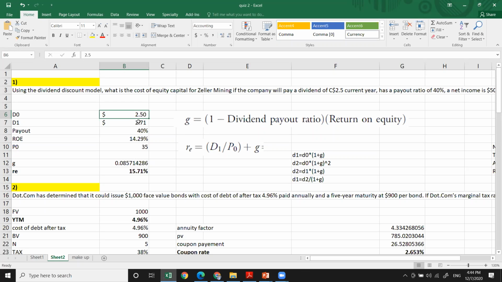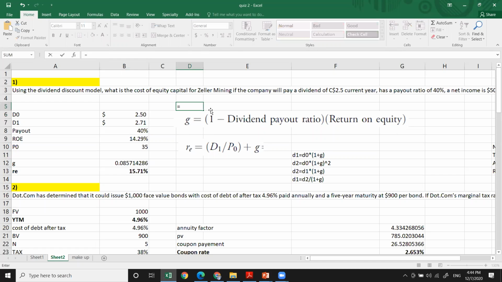That gives you D1, which is 2.5 multiplied by 1 plus 0.085. So it gives me 2.71. That's D1. Okay, is that the question you were asking?